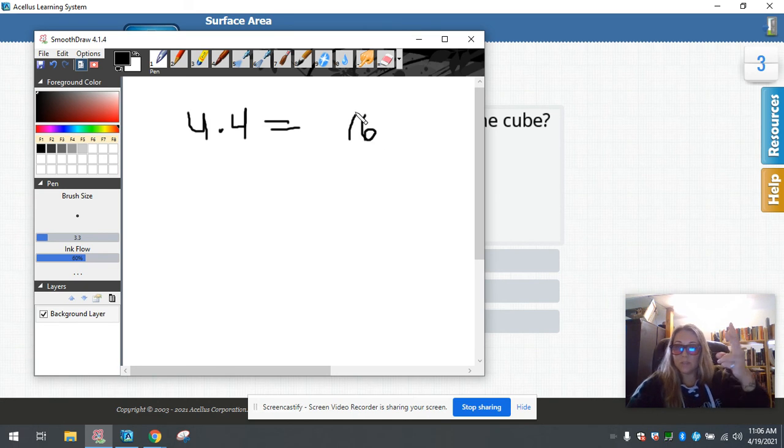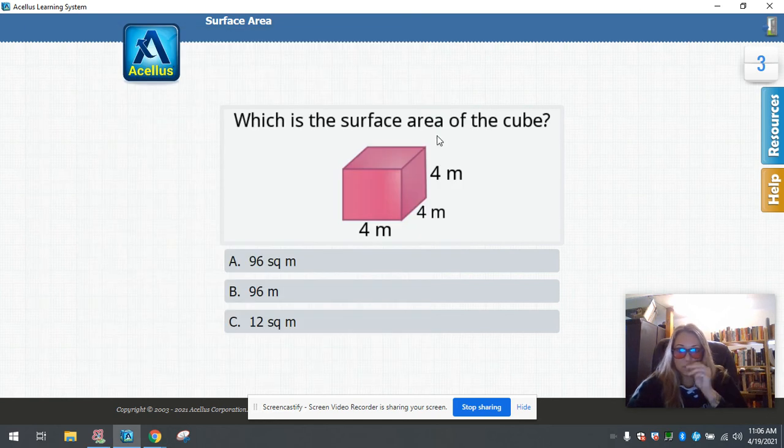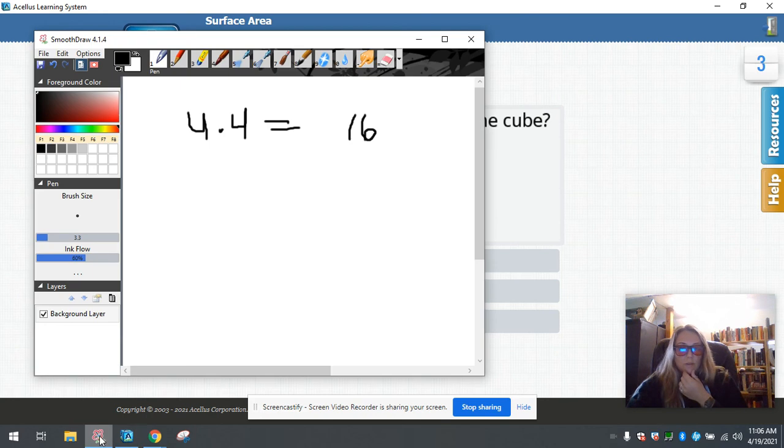So you can do 16 plus 16 plus 16 plus 16 plus 16 plus 16, 6 times, because you have 1, 2, 3, 4, 5, 6 sides in the little cube. Or I know that multiplication is repeated addition. So 16 plus 16 plus 16 plus 16 plus 16 plus 16, 6 times, is 16 times 6.